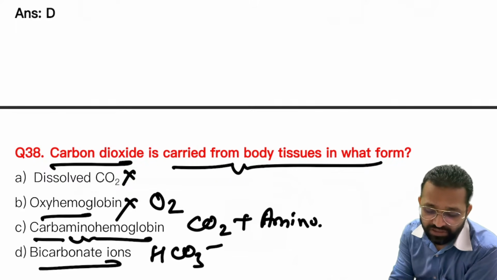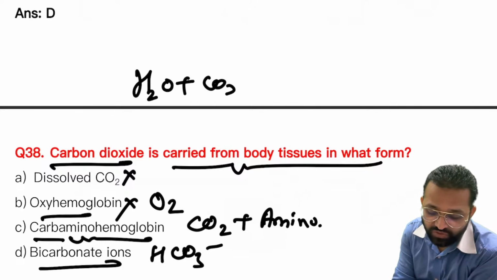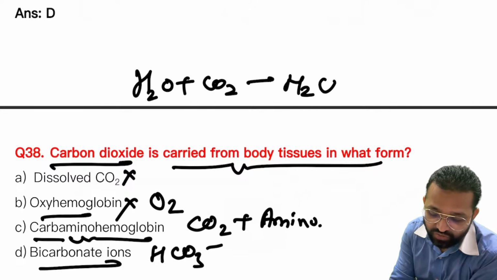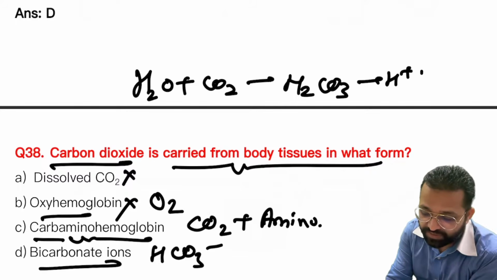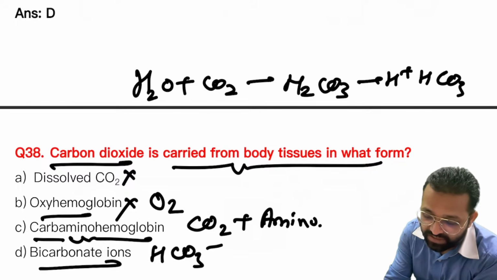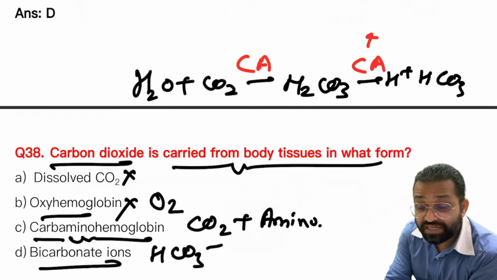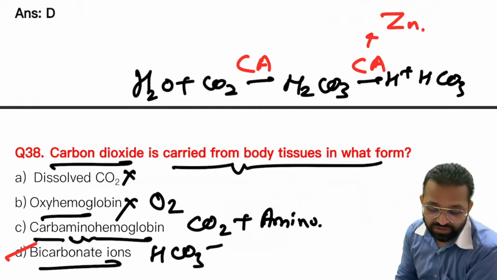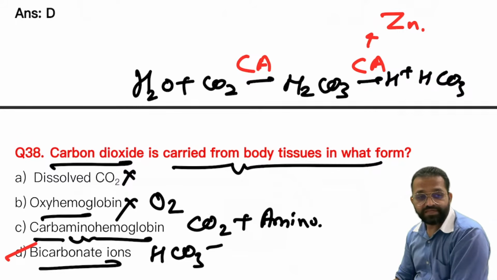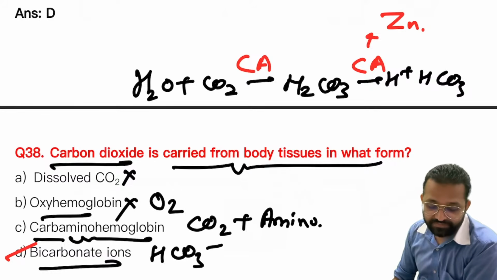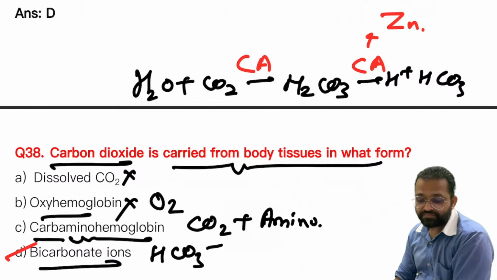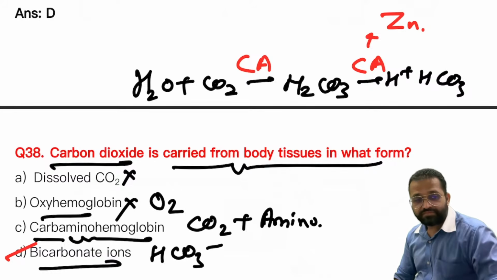Again the same reaction: H2O plus CO2 makes H2CO3, then H plus and HCO3 minus. And the enzyme is carbonic anhydrase, the fastest enzyme of the body, which contains zinc. So the answer in this question is D. D is the best answer.